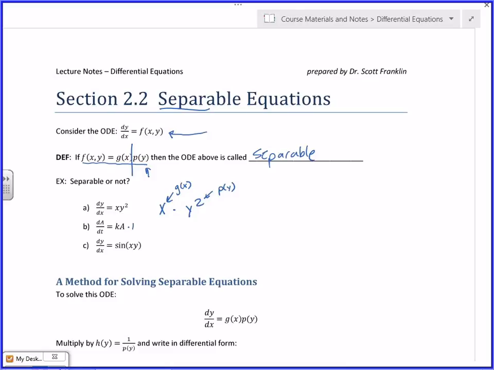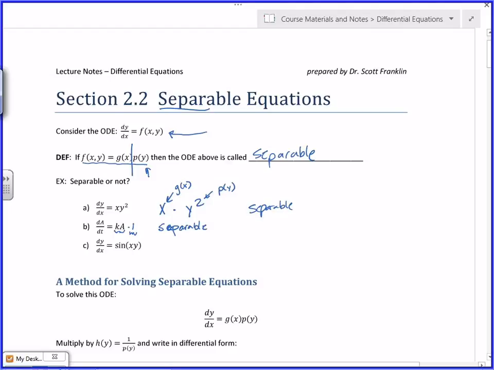Or in this case, my two variables that I'm looking for are a and t. So I've got a function here of my dependent variable, and a function here of my independent variable. So this was separable, and this one is too. Does it make sense why, those of you that said no?